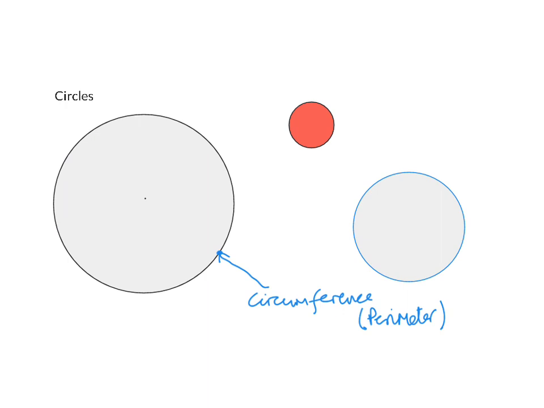The second important measure is called the radius. The radius of a circle is the distance from the middle to the outside, to the circumference. So that distance is called the radius.